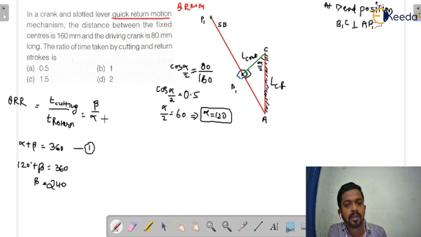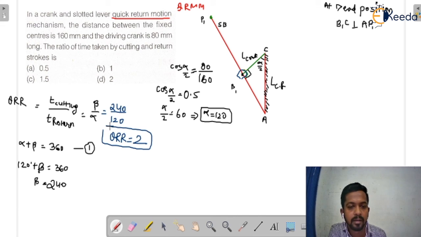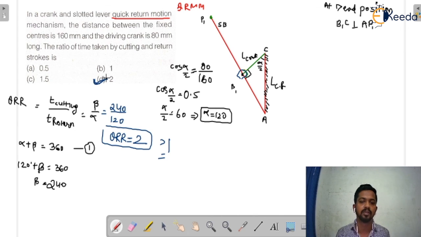Now we can get the value of QRR, that is beta upon alpha, 240 upon 120. Finally you will get QRR equal to 2, and we all know that QRR is always greater than 1. So finally option D is the correct answer for this question.